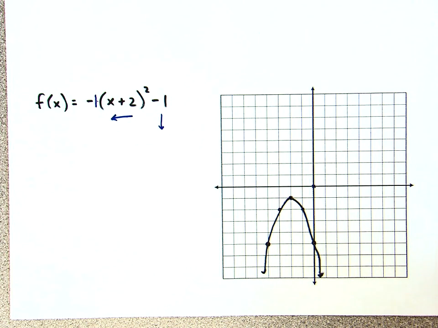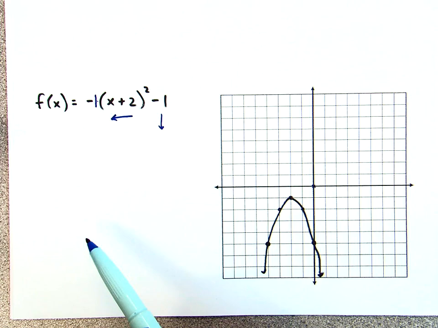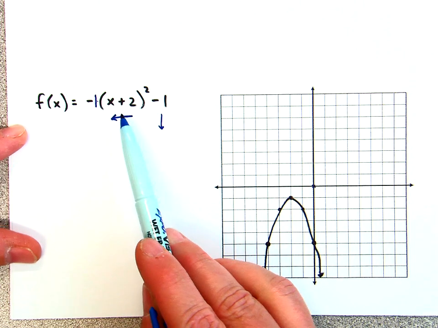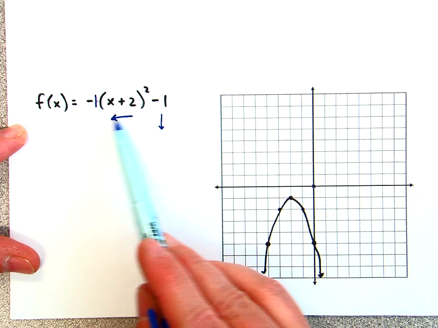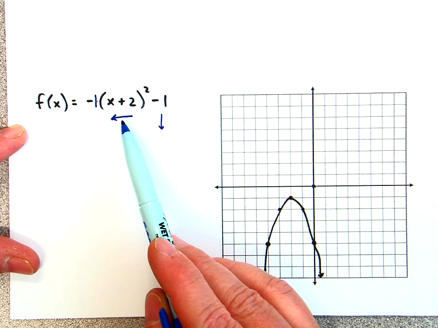Now, technically, when you're doing these, there is an order with which the transformations need to be done, and realistically, it would be built off of order of operations, right? So if we wanted to do these very specifically off of order of operations, we would do this horizontal shift first because we would do what's inside the parentheses.